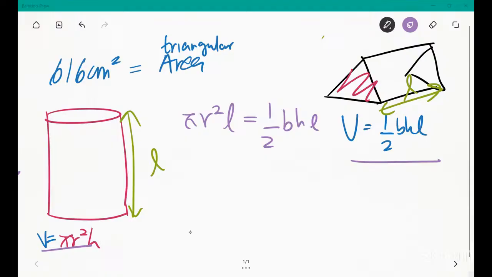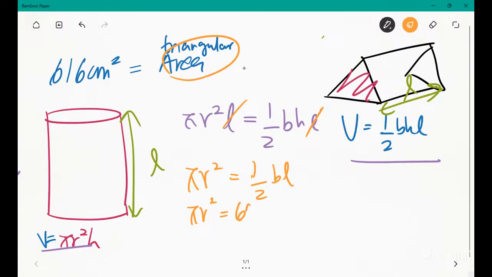Then here you can see L is common on both sides. So you can cancel, and remaining you have pi r squared is equal to half BL. What's half BL? They have given you the triangular area is half BL. Whenever you find half BL, that means half base into height. They have given it to you as 616. So therefore, pi r squared is equal to 616.